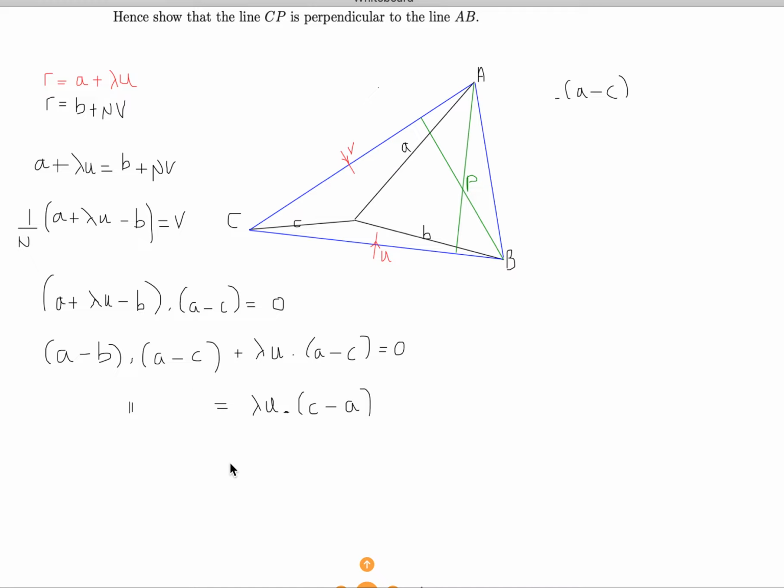So lambda is going to equal a minus b dot a minus c, all divided by u dot c minus a. It doesn't look the nicest thing in the world, but that's our answer.